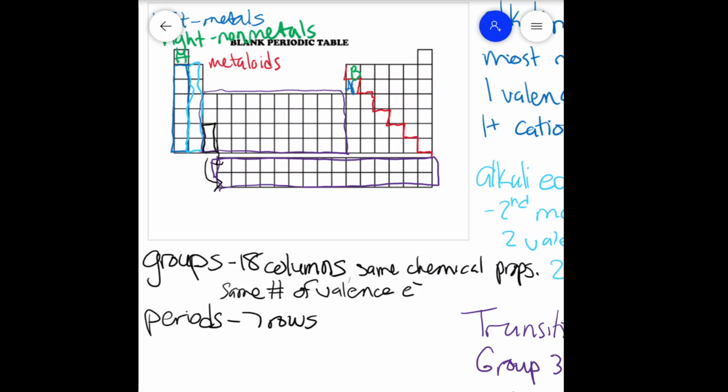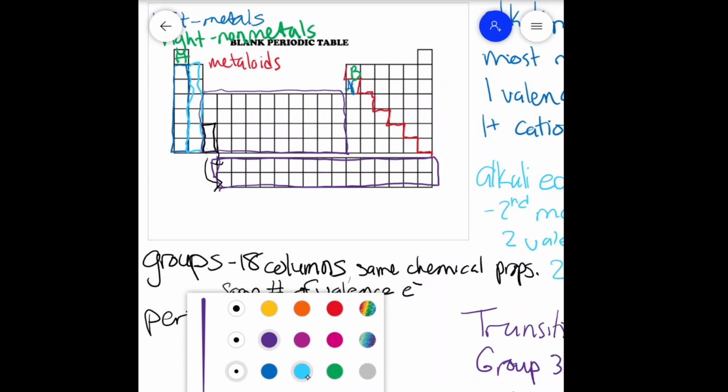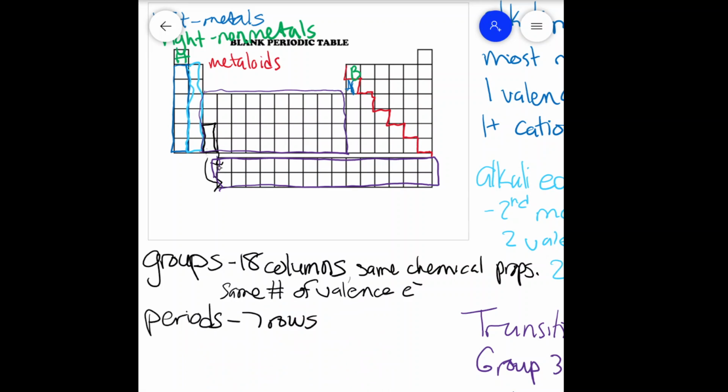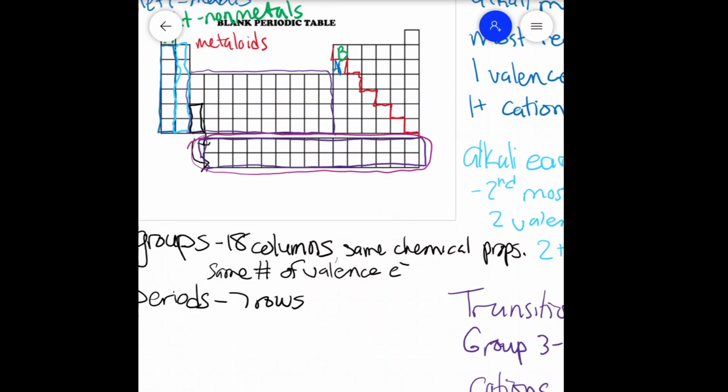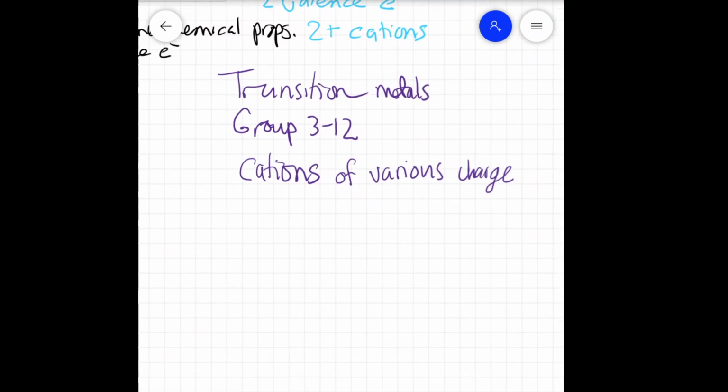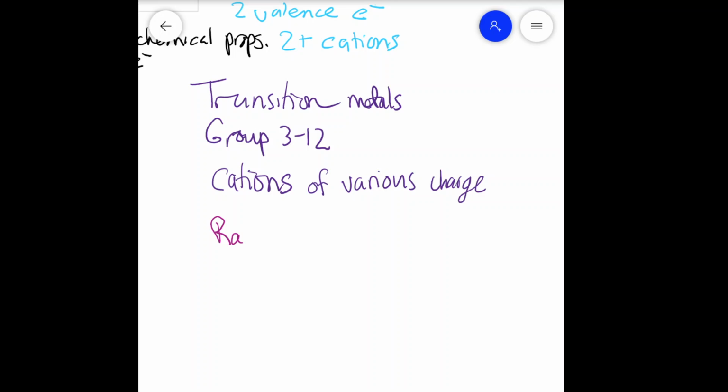So these bottom 2 rows are called the rare earth metals. And that's because when they were named, the scientists thought there weren't a lot of these elements on Earth.